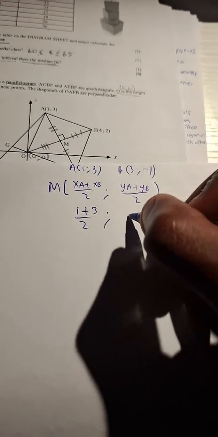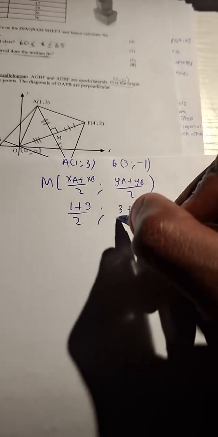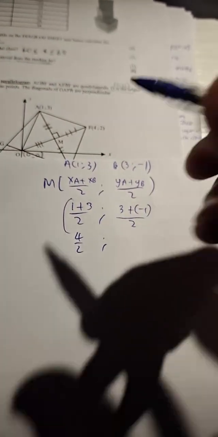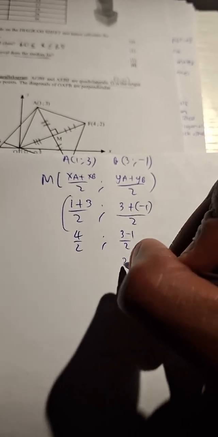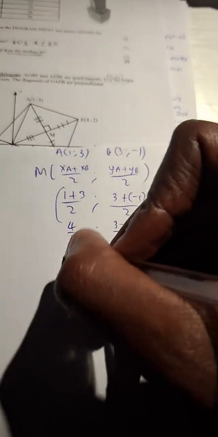Y coordinate of A, that's 3, plus the y coordinate of B. So that means 4 over 2. That means 3 plus minus 1 is 3 minus 1 over 2, which is 2 over 2. That's 2. And that is 2 and 1. So that is M. That's very much correct.